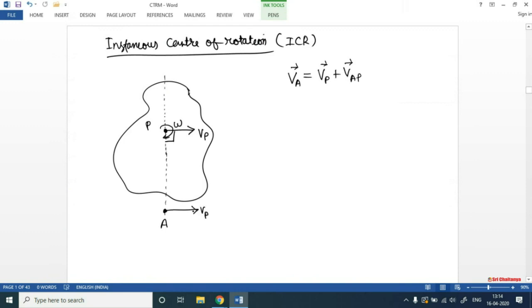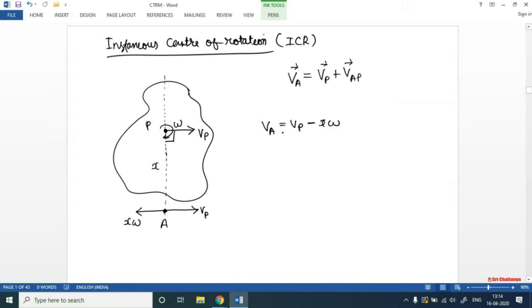and the velocity of point A with respect to P will be due to rotation. If the PA distance is x, then due to rotation its velocity will be in the opposite direction, and that is going to be x omega. So the magnitude of the velocity of point A would simply be Vp minus x omega.